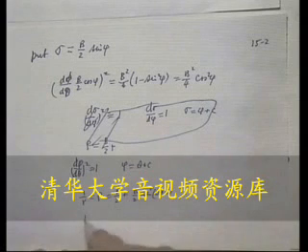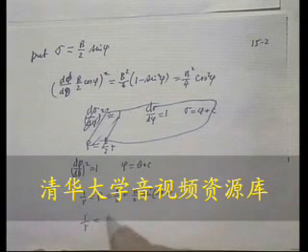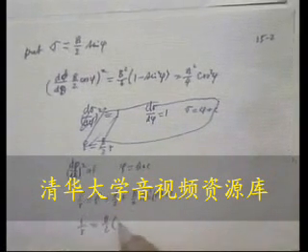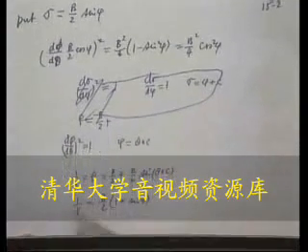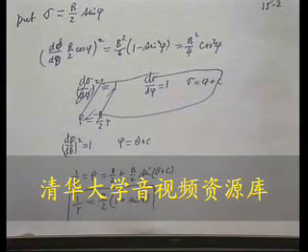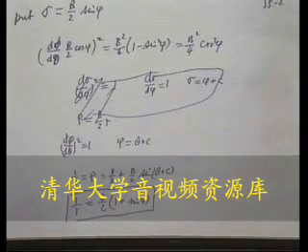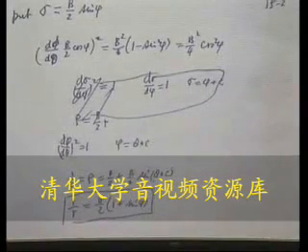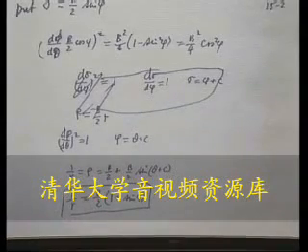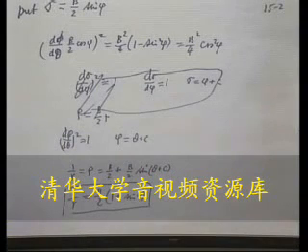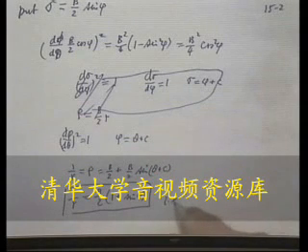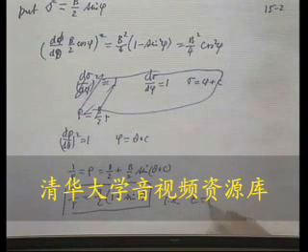So we now have the formula 1 over r is equal to b over 2 times 1 plus sine of phi. This is equivalent to the previous case, i.e. e is equal to 1.